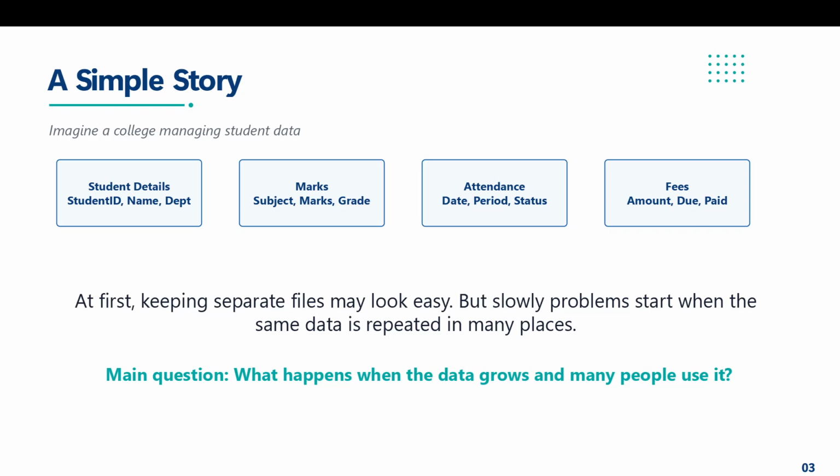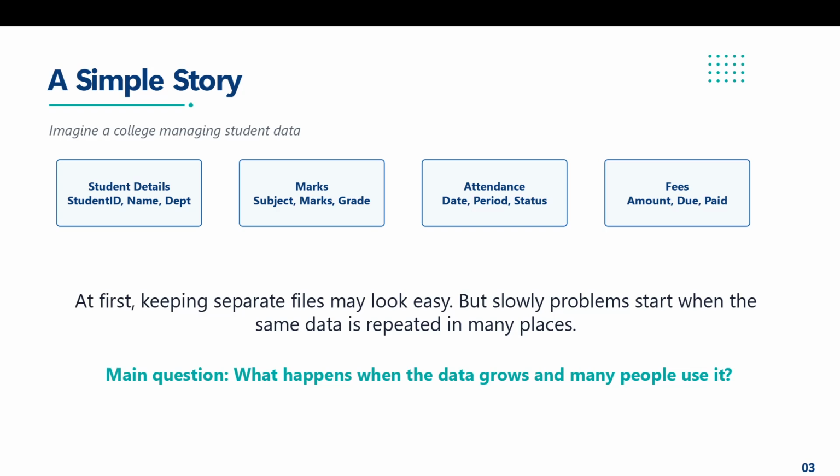So now, if the college stores all these details in separate files, at first it may look very easy. One file for student details and another file for marks and one file for attendance and maybe another file for fees. Slowly, when the number of students increases and many staff members use these files, problems will start.